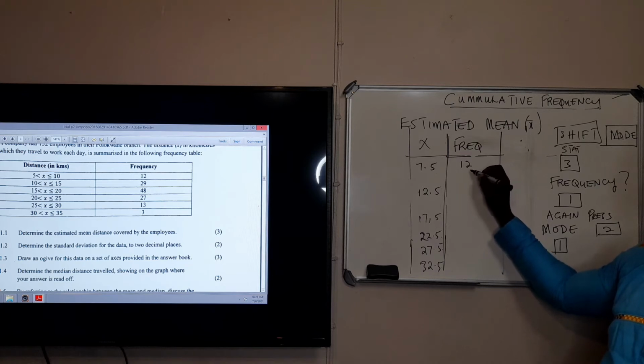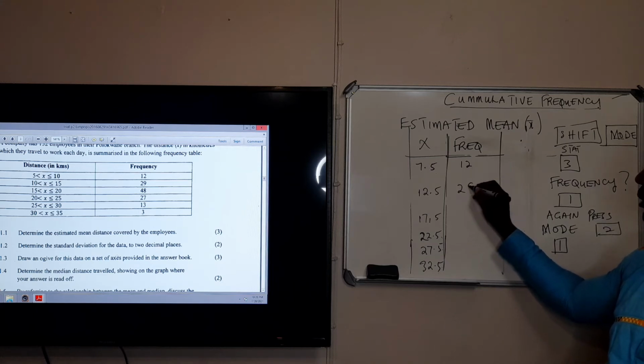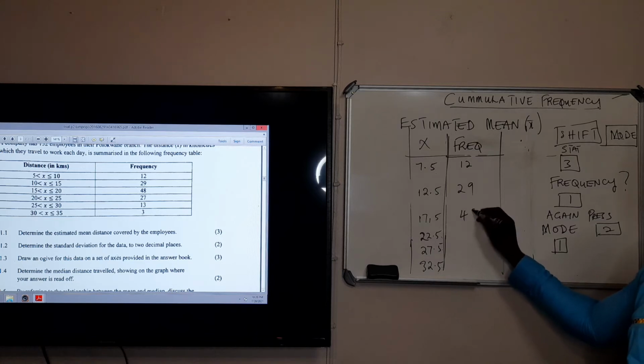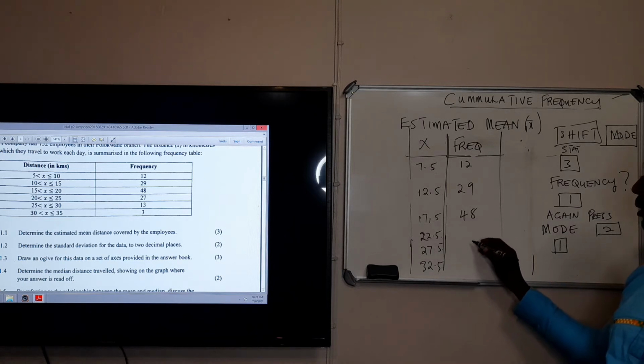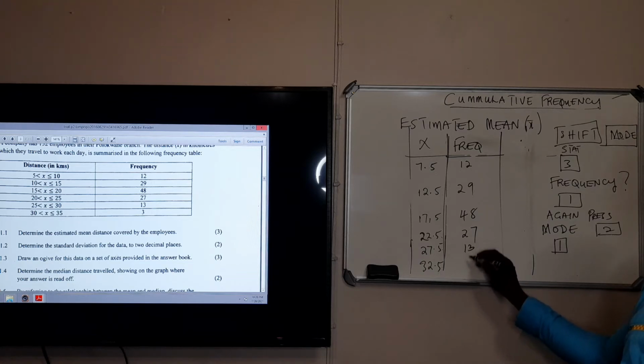So you press 12, equal sign, then it will come here. Then you press 29, equal sign. 48, then you press equal sign. And then 27, equal sign. 13, equal sign, and 3, equal sign.